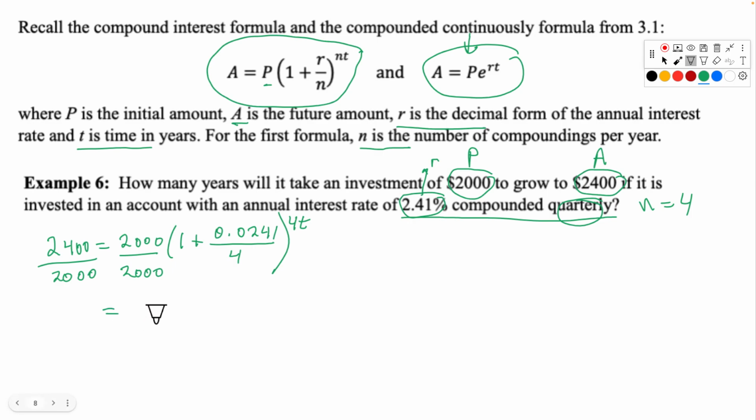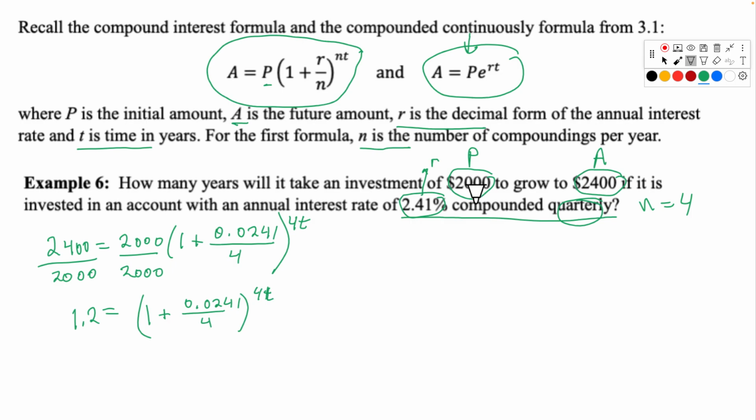And that's going to give us 1 plus 0.0241 over 4, to the 4t, equals 2,400 divided by 2,000, which is 1.2. Okay, makes sense. For t, I don't like t's because I might write it as x, but we'll keep it as t's.